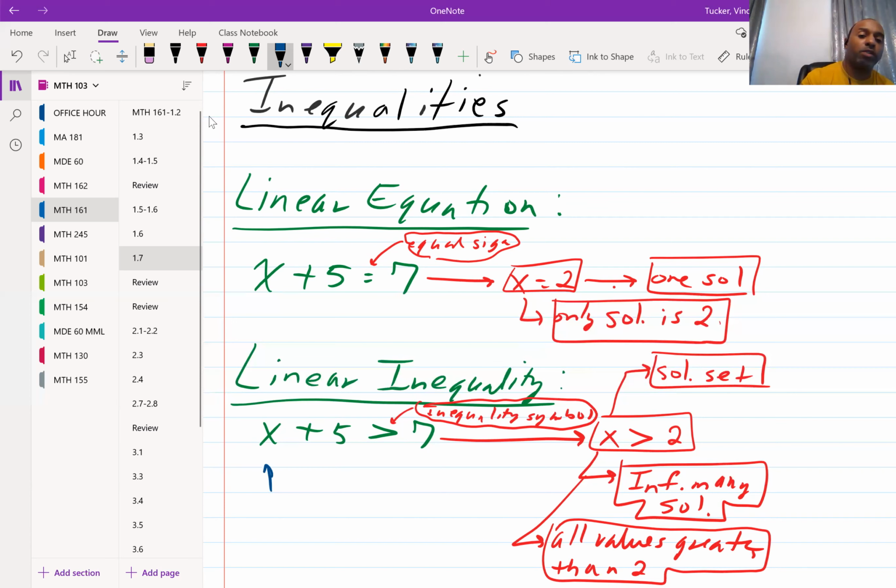So anything greater than 2 will make this a true statement. That's why you have an infinite amount of solutions, and that's considered a solution set. So all values greater than 2 will be a solution. Any questions before we go any further?